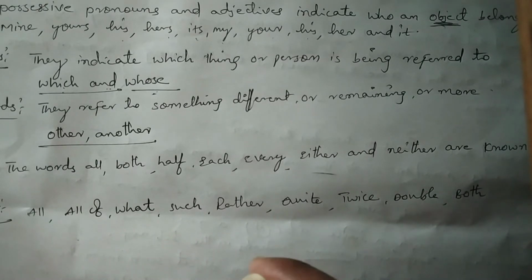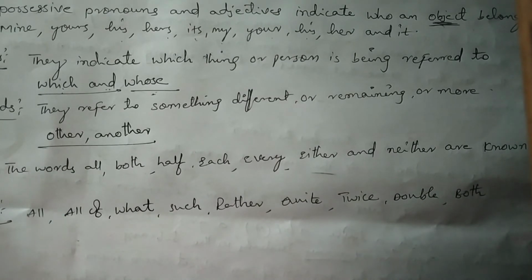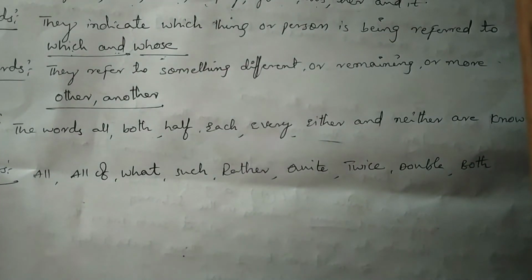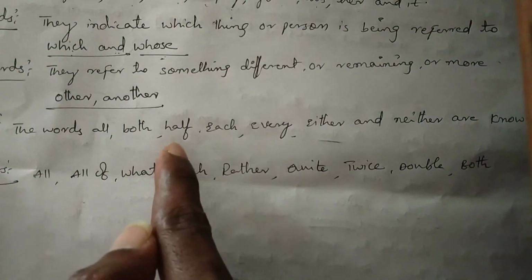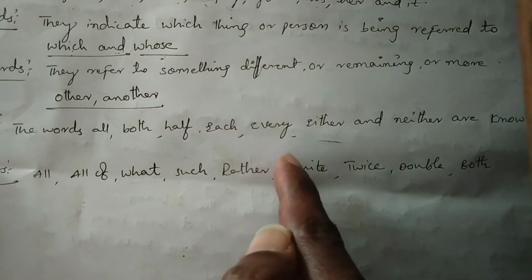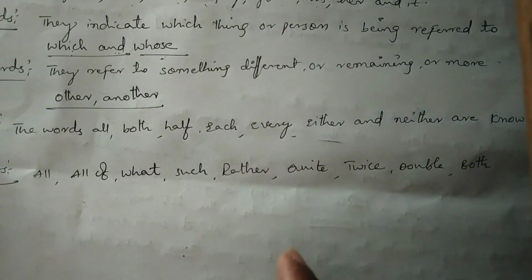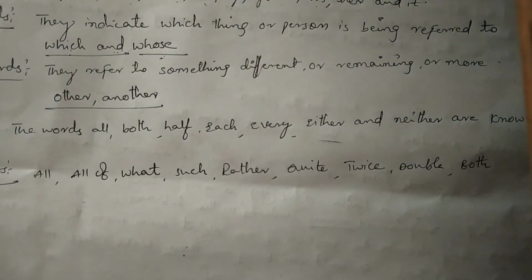These are the difference words. Next one is the distributives. The words all, both, half, each, every, either and neither are known as the distributives.